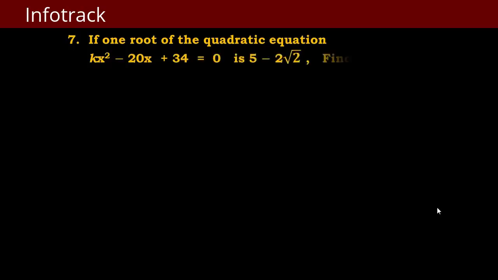If one root of the quadratic equation kx square minus 20x plus 34 is equals to 0 is 5 minus 2 root 2. See, one root is given and you have to find k. Now see, the given quadratic equation is kx square minus 20x plus 34 is equals to 0.